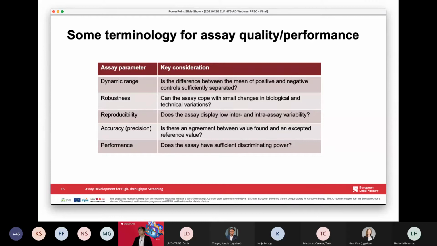With reproducibility, we want to assure that there is minimal well-to-well and plate-to-plate variation. And with performance, we can make sure that the assay is able to pick up statistically significant data points.